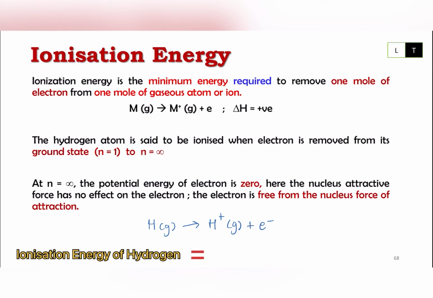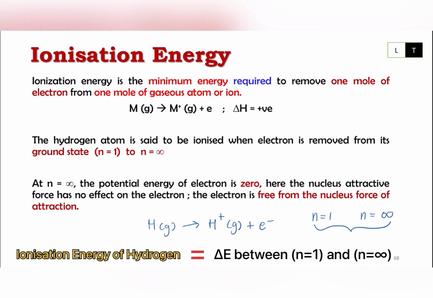So the energy difference between the ground state n equals 1 of the atom and the excited state that corresponds to the convergence limit of the spectral lines of hydrogen is the ionization energy. So the difference between n equals 1 and n equals infinity, when we calculate the energy difference here, is related to the ionization energy for hydrogen.